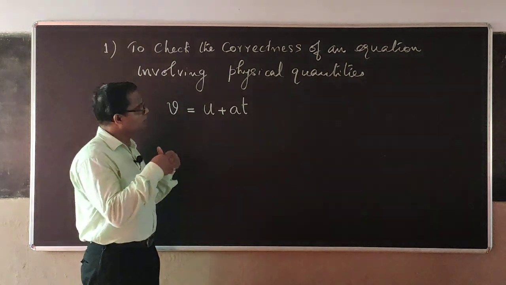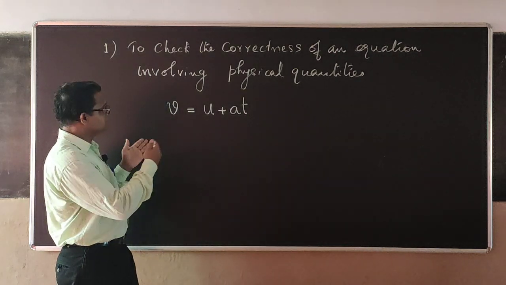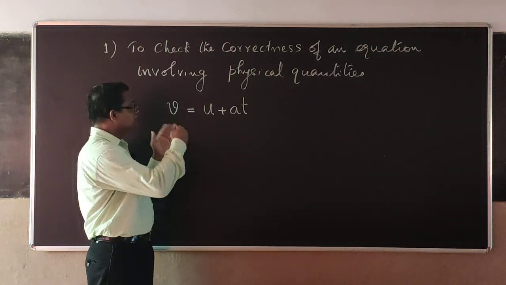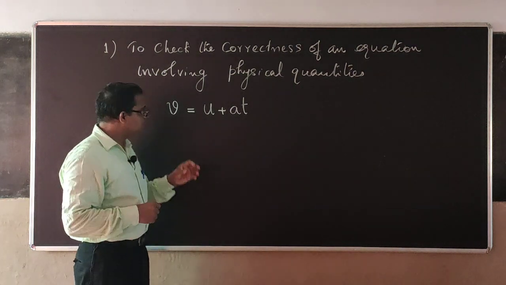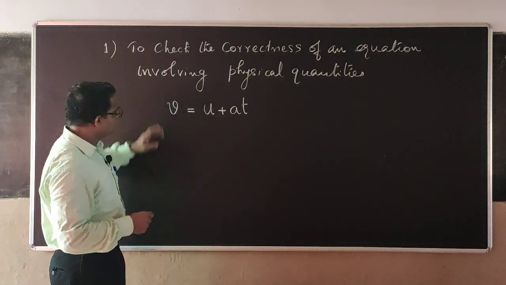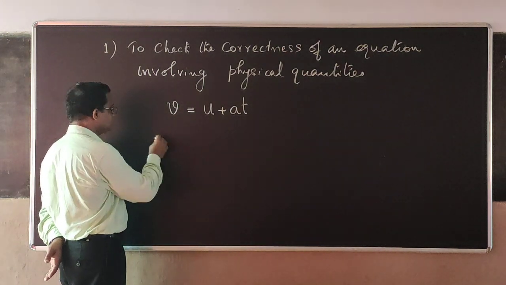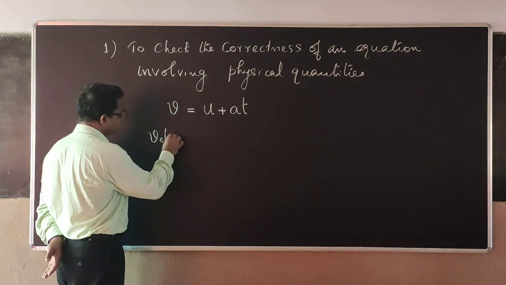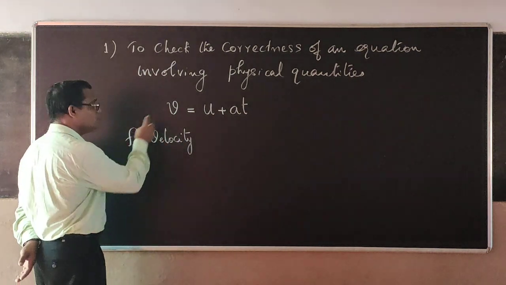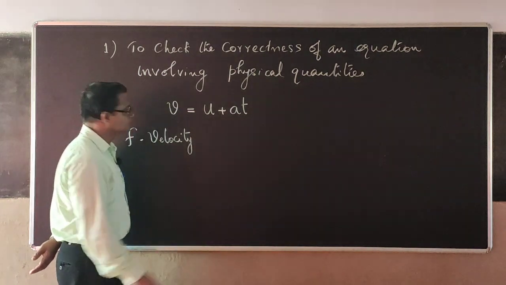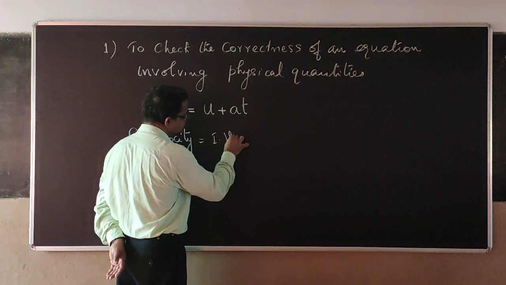But when we go for applying dimensional analysis and checking the correctness, you must understand the basics of it. See this equation. This is velocity, you call it initial velocity. Sorry, final velocity. This is the final velocity, and this you call initial velocity.